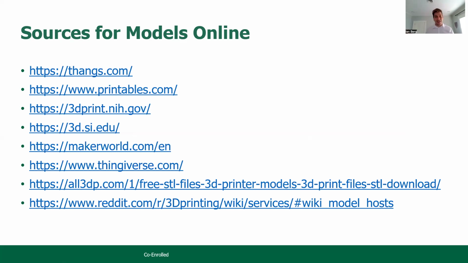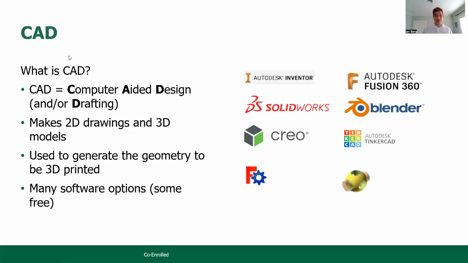So you can go online, you can search for a floppy disk gear, or a phone case or what have you, and you'll find all kinds of existing models that you can bring, skip the CAD step, and go straight into the slicer and 3D printer instructions. Sky's the limit on what people have created and freely share for others to use.